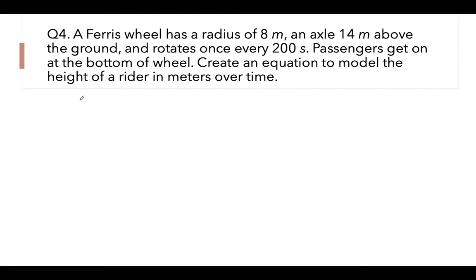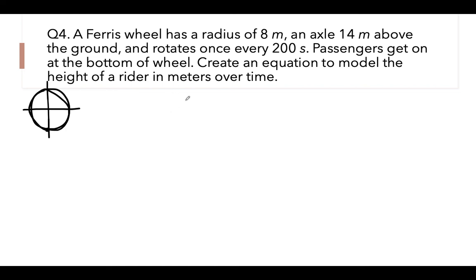Okay, so keep in mind a Ferris wheel looks like this. It definitely is a cyclic sinusoidal function because it starts from low, goes to the middle ground, to the maximum, to the middle ground, and then comes back to the low point.